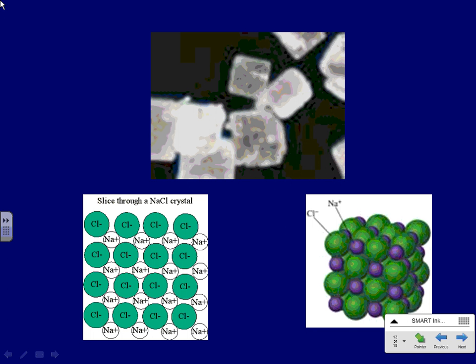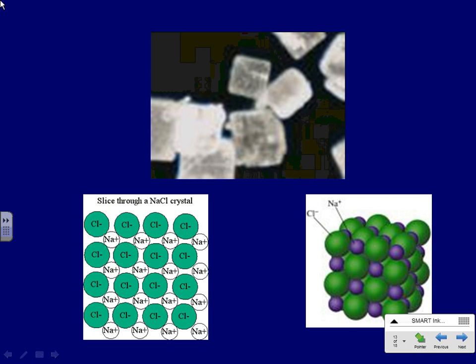Here is a little microscope picture of sodium chloride, salt itself, all right? Table salt. And when the chloride and sodiums get together, because of their size, they will order themselves in this fashion.